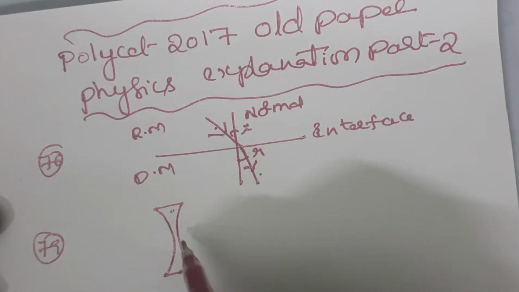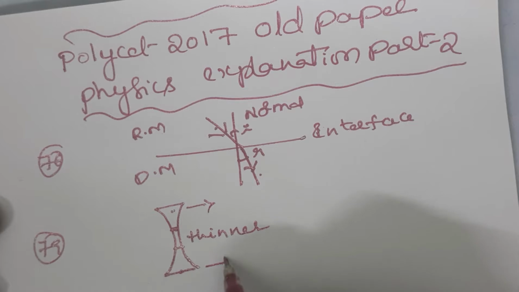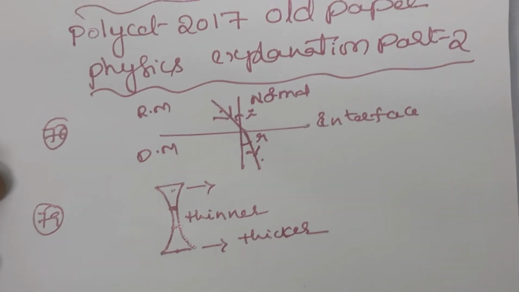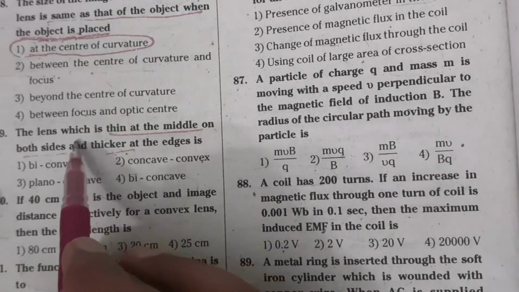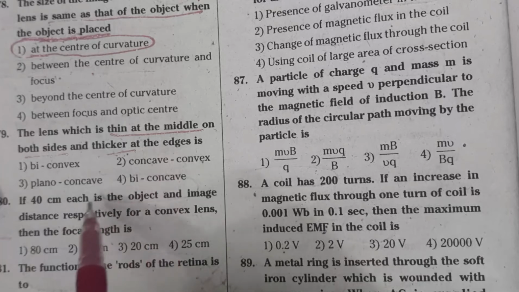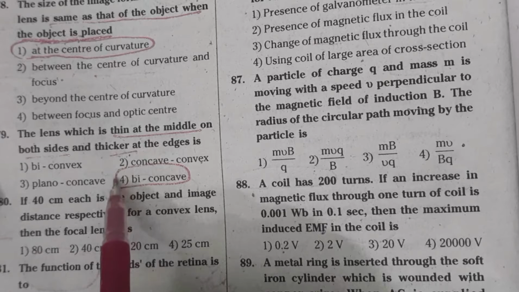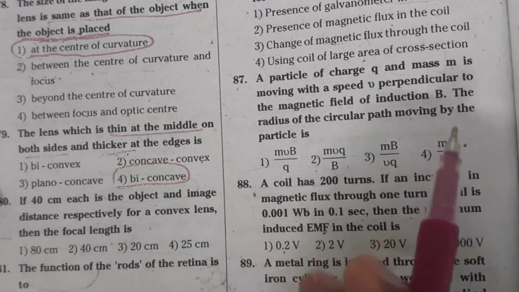At the edges it is thicker, in the middle it is thinner, and here it is thicker. So this lens is a biconcave lens. The lens which is thin at the middle and thicker at the edges is a biconcave lens. Thicker at the middle means biconvex lens. Thin at the middle means biconcave lens.